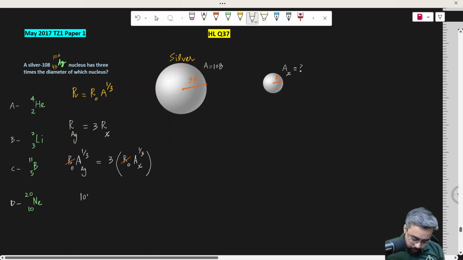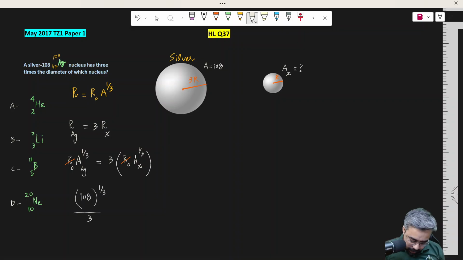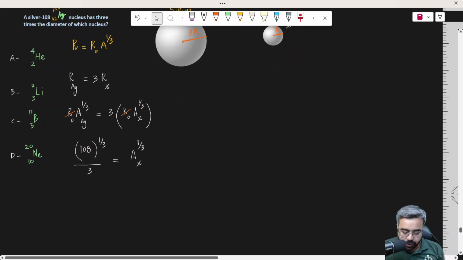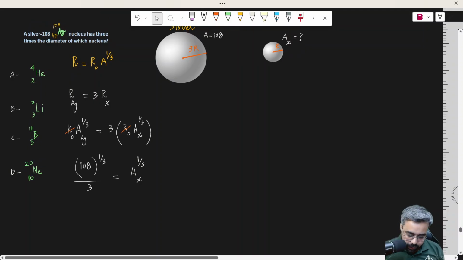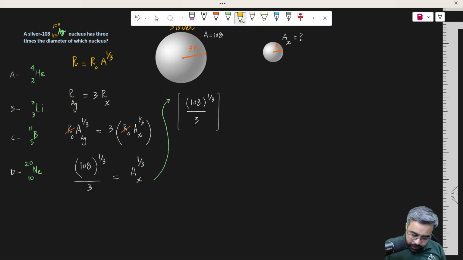The nuclear number of silver, 108, raised to the power 1/3, divided by 3, equals the nuclear number of the unknown nucleus raised to the power 1/3. Now I want to get rid of this 1/3, so what if I take the third power on both sides? If I take a cube on both sides of the equation, the one third cancels out.